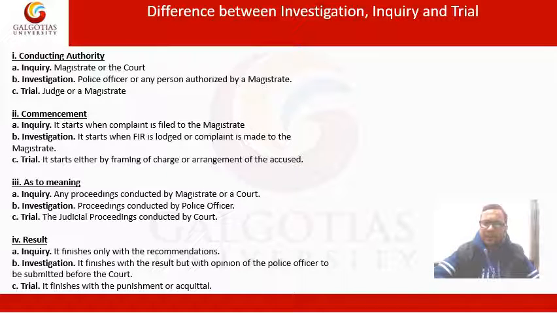Inquiry and trial are conducted by the same authority, whereas investigation is conducted by a different authority, that is a police officer, and in certain cases a private person. Commencement of the case: inquiry starts when a complaint has been filed before the magistrate.